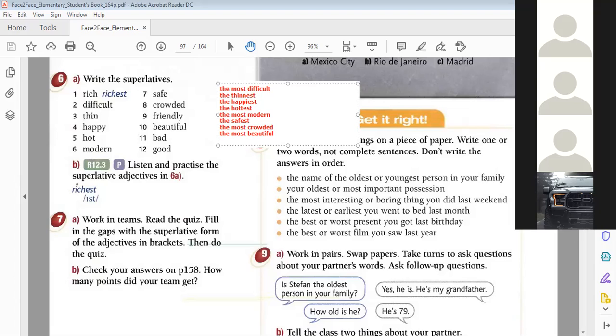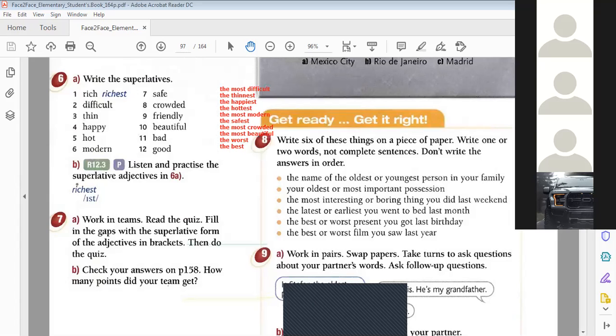Bad, worst. Okay, so the worst. And what about good? The best. Okay. All right, let's check. Let's see if this is correct. Let's check your answers in the CD here.